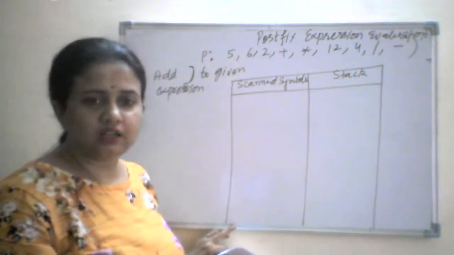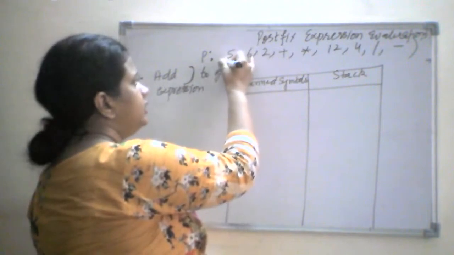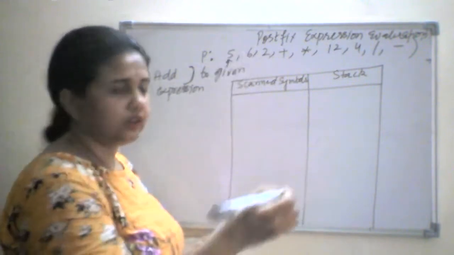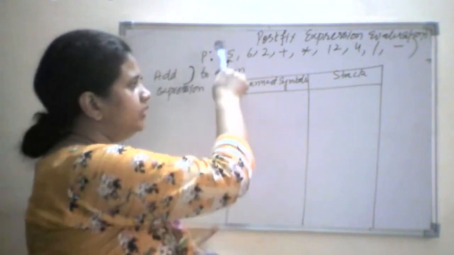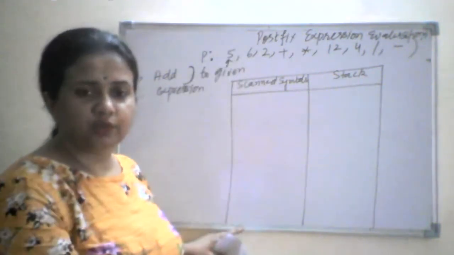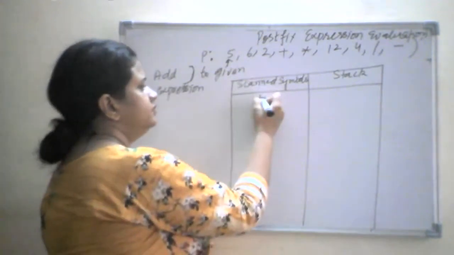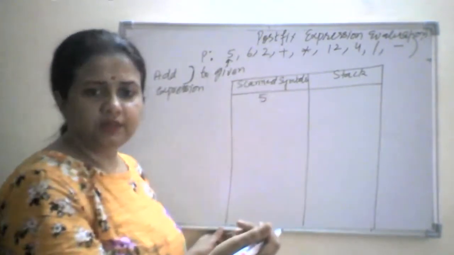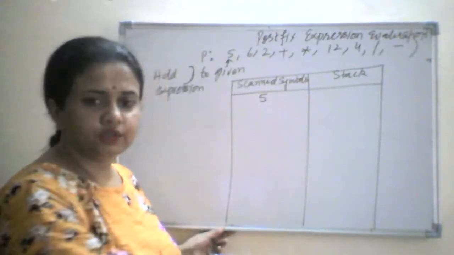After that, you will start traversing the given expression. The first time the loop runs, it will scan the first element. The first one is 5. Whatever element you are scanning, you will keep putting them here in the first column.